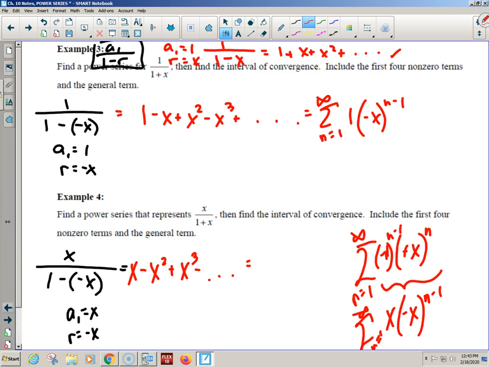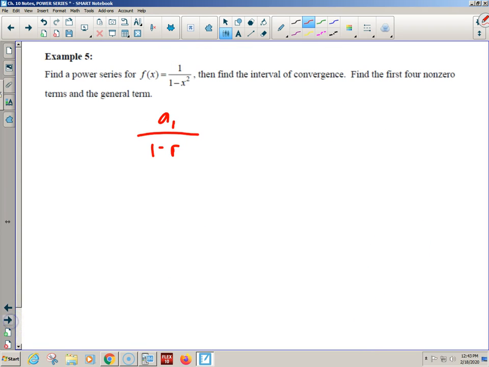What's every geoseries built on as far as its interval of convergence? So what changes if all of a sudden I have my r being something other than just x? If I was looking at this specific example, what would my interval of convergence become?